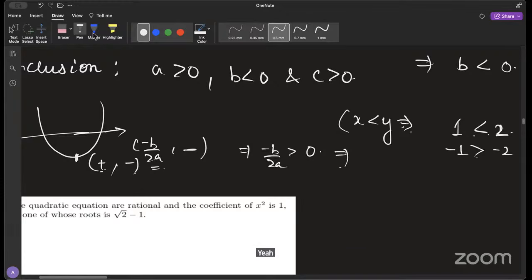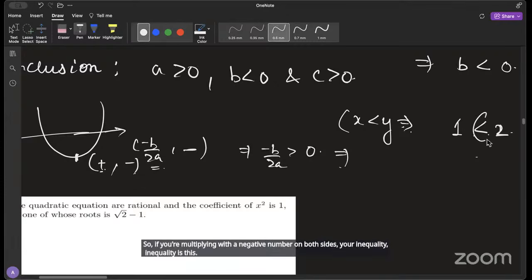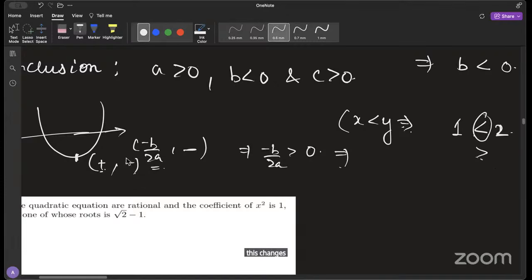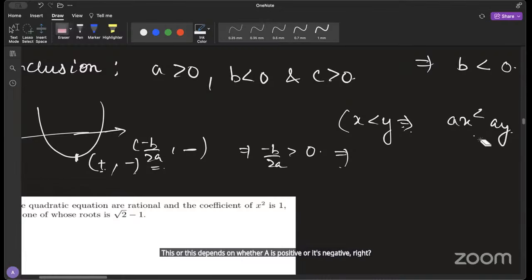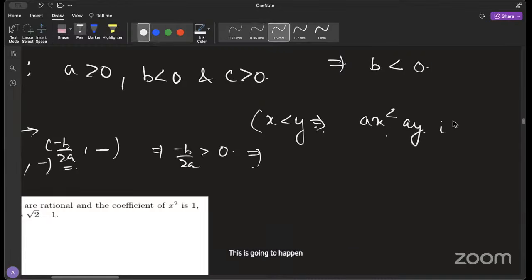So if you're multiplying with a negative number on both sides, your inequality changes. And if you multiply with a positive number on both sides, then your inequality remains the same, right? So ax versus ay, this or this, depends on whether a is positive or negative. This is going to happen if a is positive, and this is going to happen if a is negative.